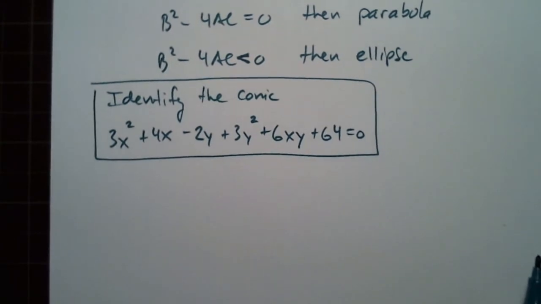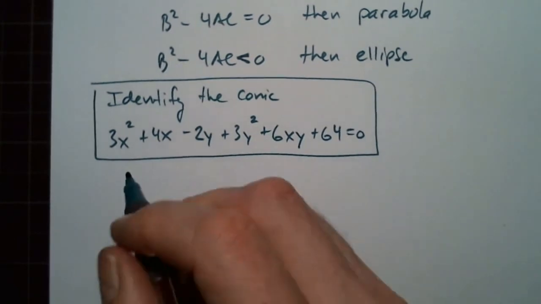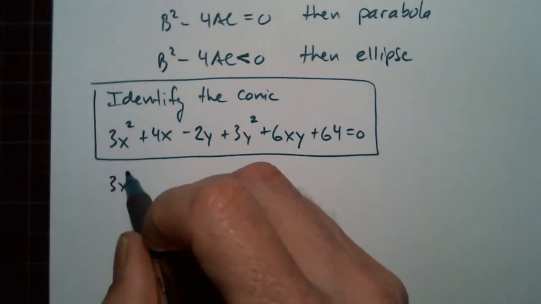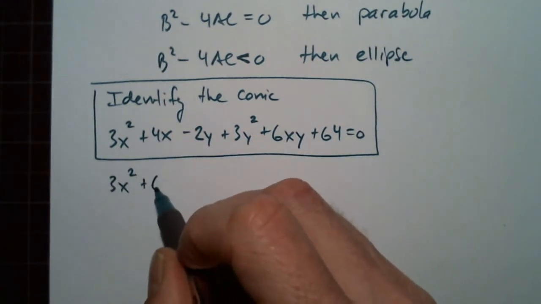So in this problem, we're looking for A, B, and C. There's A, but then we have to put it in order.